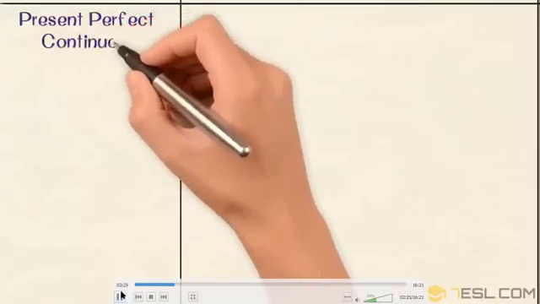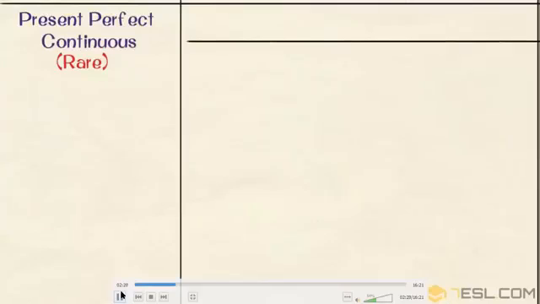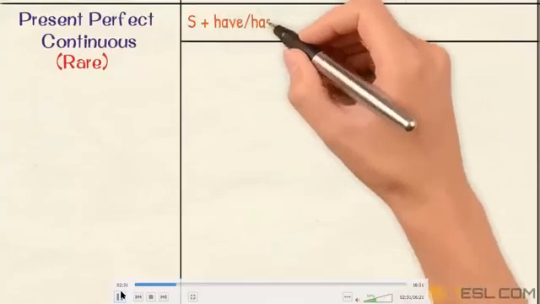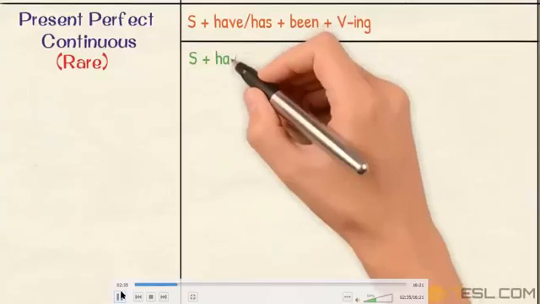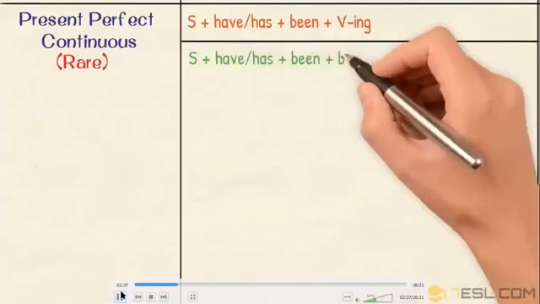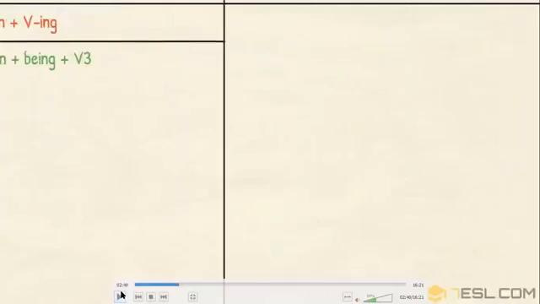Now, present perfect continuous, which is very rare and most of the time we don't use it. That is subject plus have, has plus been plus verb ing form.